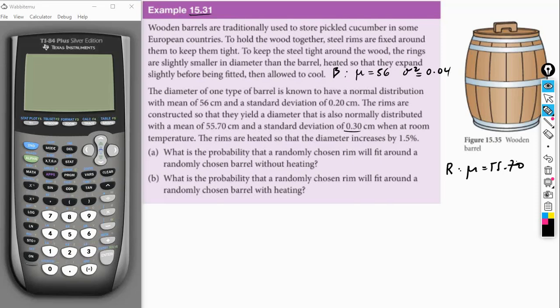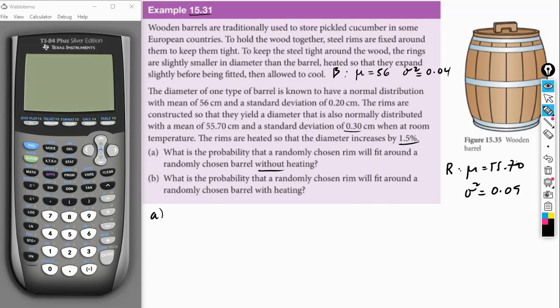So that means a variance of 0.09. And this is at room temperature. The rims are heated so that the diameter increases by 1.5%. Part A. What is the probability that a randomly chosen rim will fit around a randomly chosen barrel without heating?